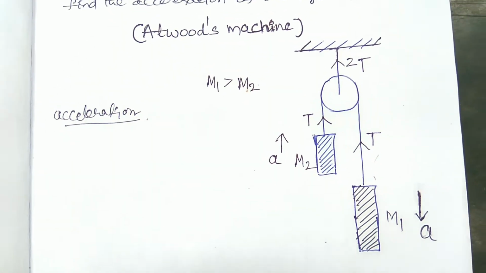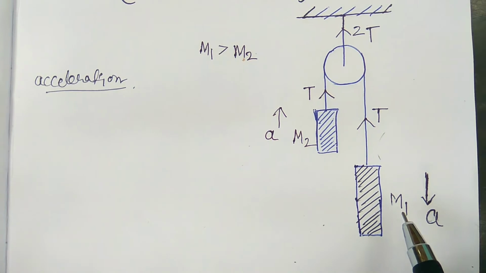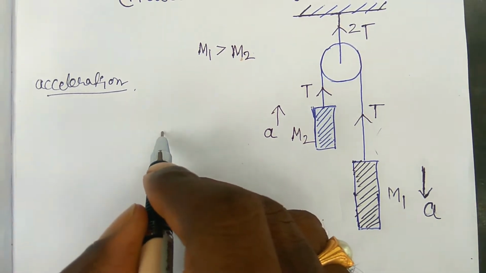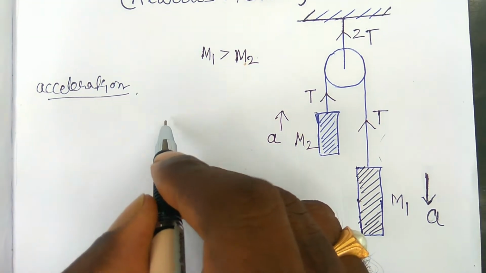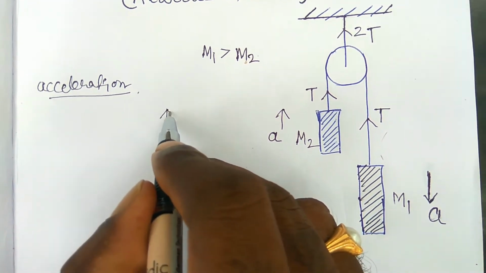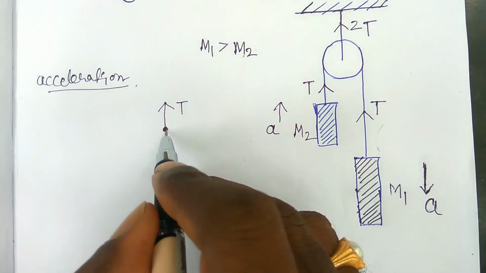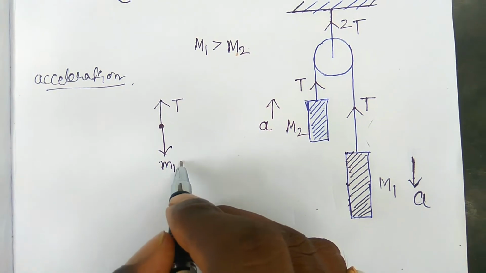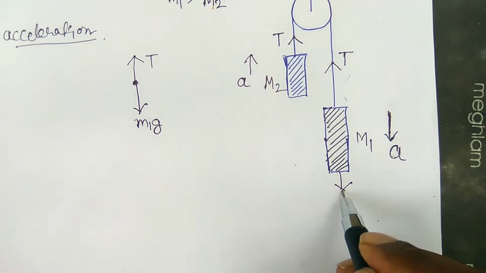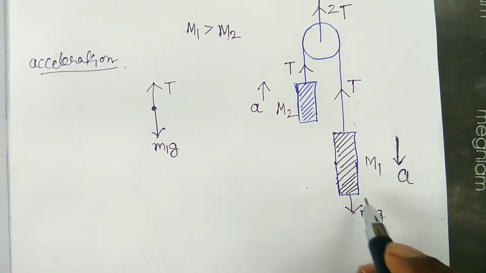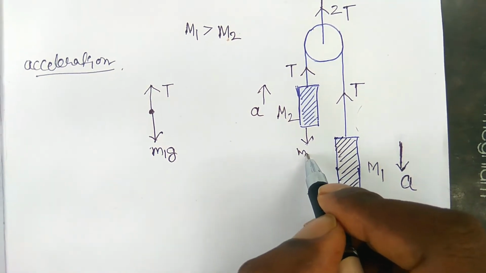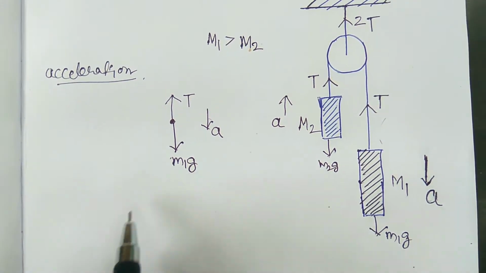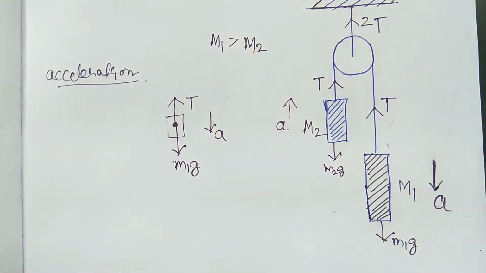Coming to the equations, we observe the body of mass m1, so we need to draw the free body diagram of mass m1. There is a tension T acting upwards and the weight m1g acting in the downward direction, and the acceleration acts downwards.